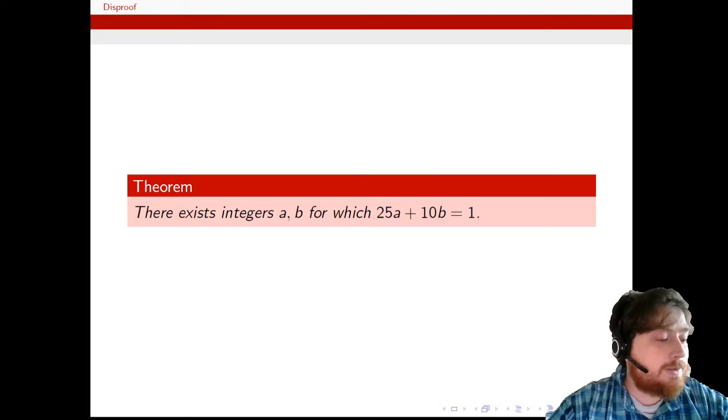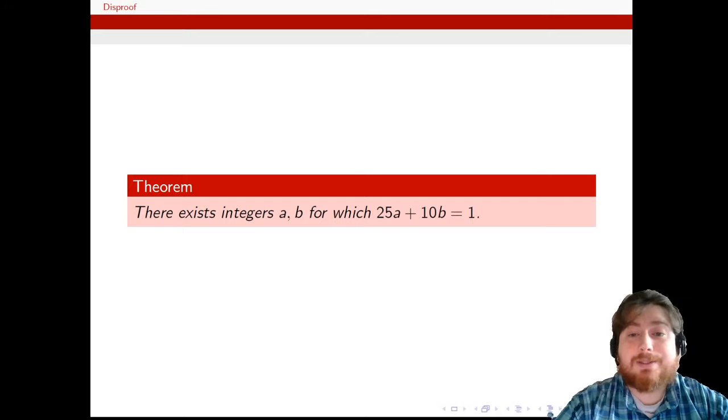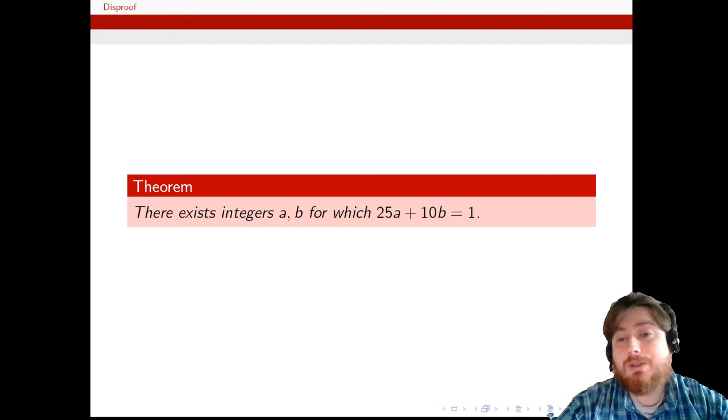Both of these are fairly easy, and so they make nice test questions. Notice for this second one, I have 25a plus 10b is equal to 1. If I had an integer solution, then I should be able to divide both sides by 5. Then I get 5a plus 2b is an integer, but 1/5 is not, so we get a contradiction.